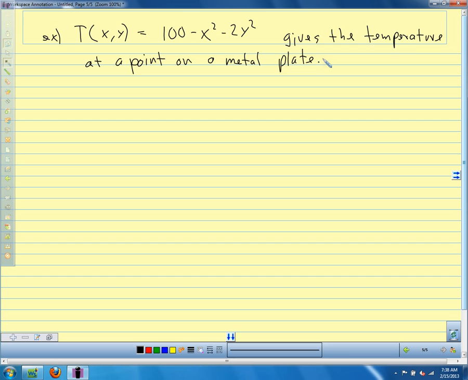So we figured out how the temperature varies on this metal plate.